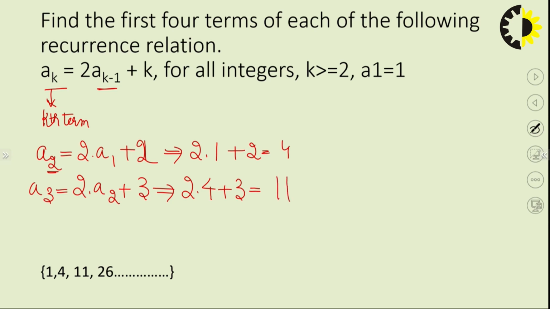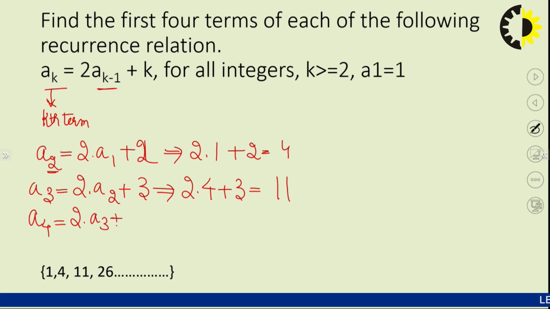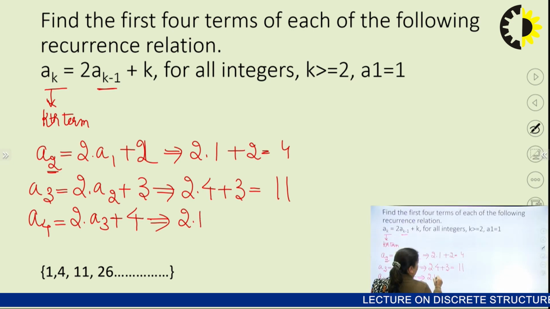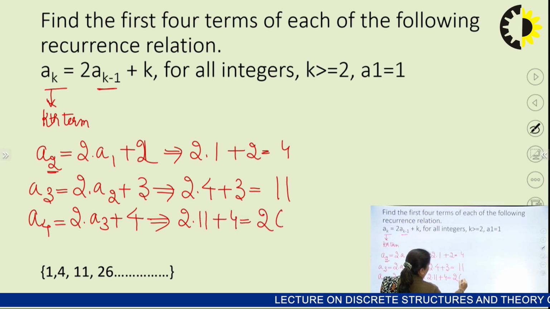So, I have found out the third term. Now, what about the fourth one, that is a_4. a_4 is 2 into the previous one, that is a_3, plus k. k is 4 because I am trying to find out the fourth term. So, this will be equivalent to 2 into 11 plus 4, that is nothing but 26.